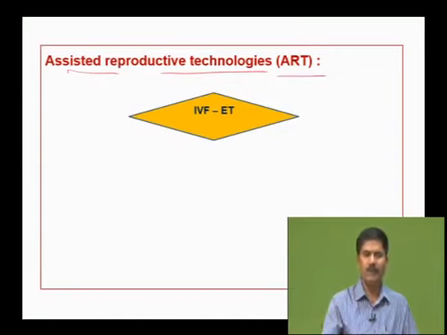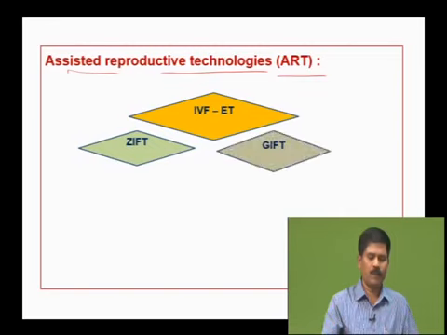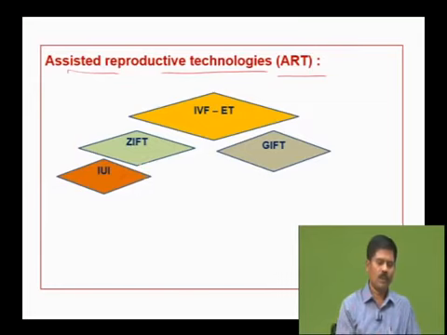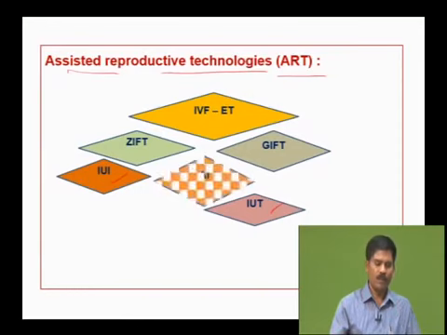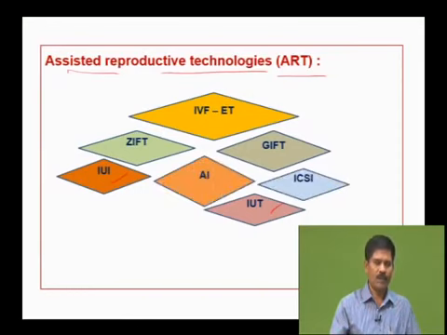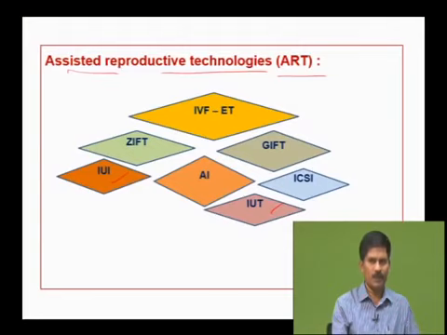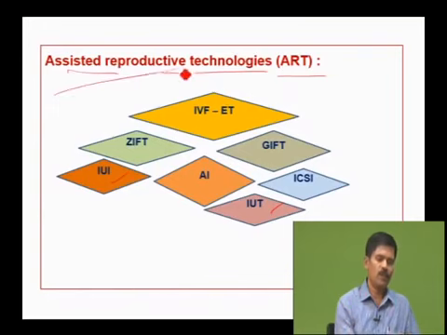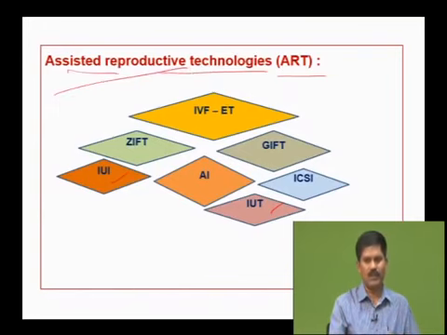These include IVF-ET, in vitro fertilization and embryo transfer, then ZIFT, zygote intrafallopian transfer, GIFT, gamete intrafallopian transfer, IUI, intrauterine insemination, then intrauterine transfer, then AI, artificial insemination, and intracytoplasmic sperm injection. So these are some of the technologies used to assist infertile couples to have children, therefore called assisted reproductive technologies.